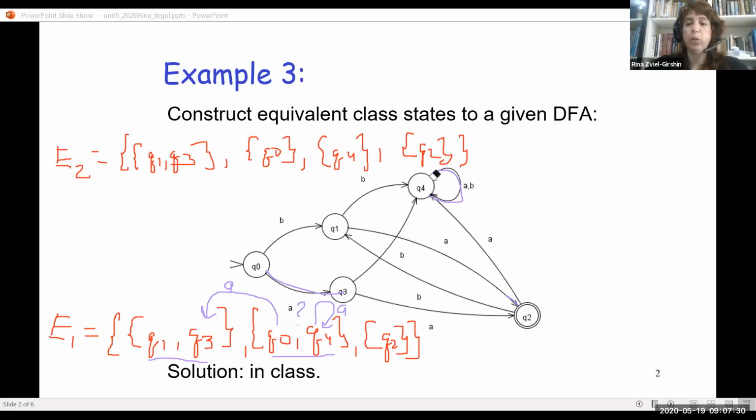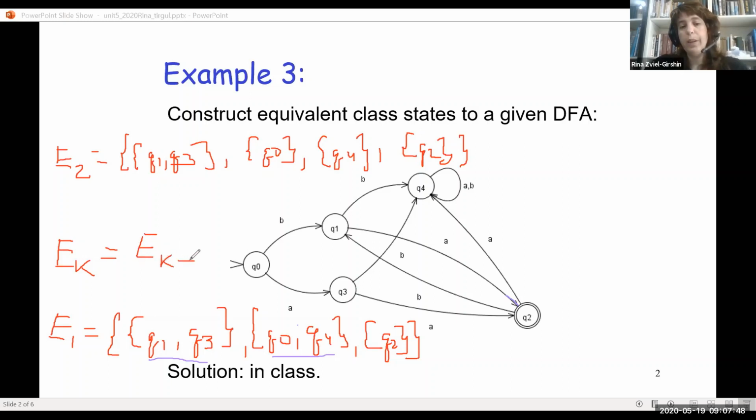I still have to continue with the algorithm because the algorithm stops only when we have EK that equals to EK plus 1.